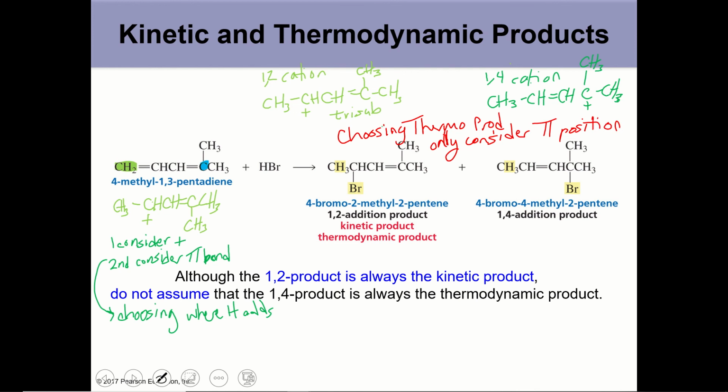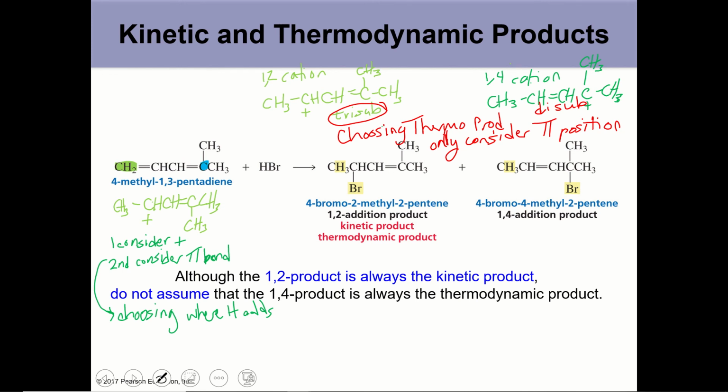So that means that we're looking for the substitution. The 1,2 cation is tri-substituted. The 1,4 cation is di-substituted. Tri-substituted is better than di-substituted, and so the 1,2 product is the thermodynamic product. So the 1,2 product then is both kinetic and thermodynamic.